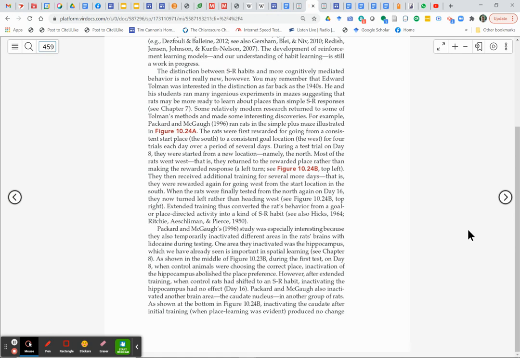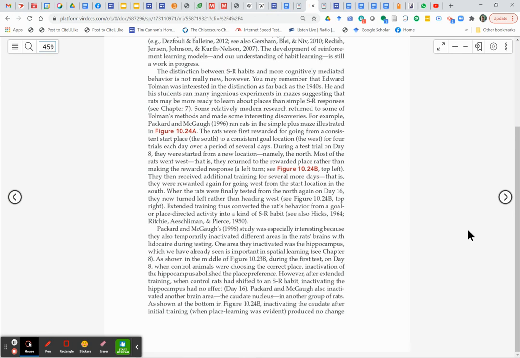The extended training thus converted the rat's behavior from goal or place-directed activity to a kind of S-R habit. You just turn in a certain direction. And hippocampus rears its head here. And remember, there are place learning cells in there, which are important if you're paying attention to place, but not if you simply have a left-right habit.